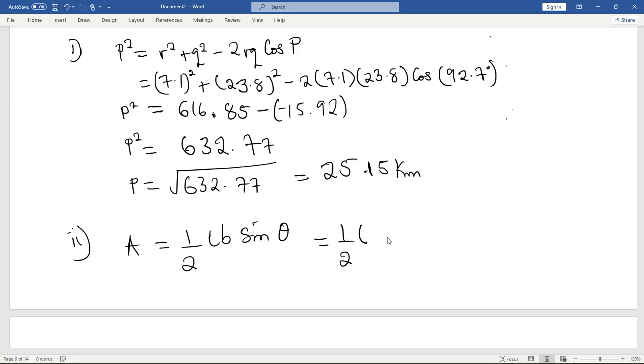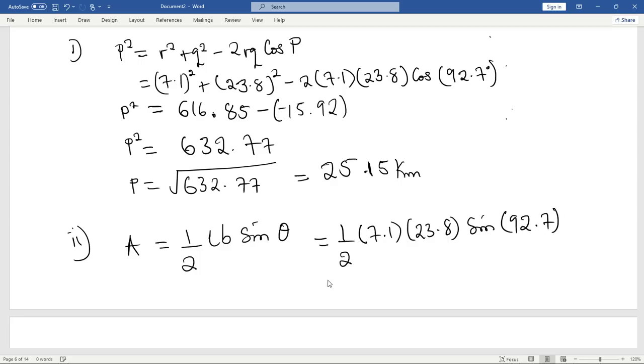So this will be 1 over 2, then we have 7.1 multiplied by 23.8 sine. The angle that we have there is 92.7.